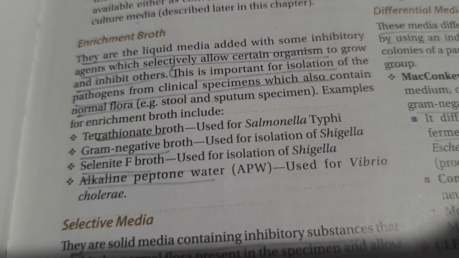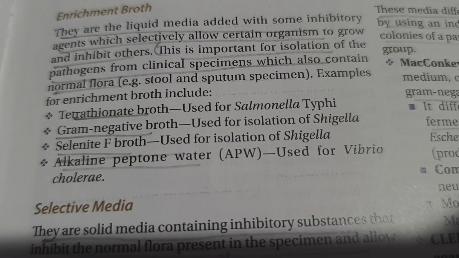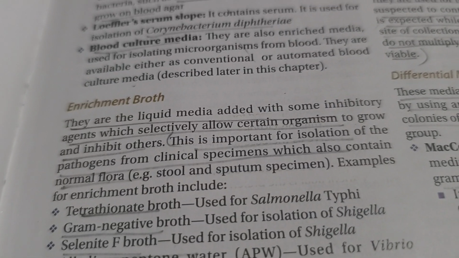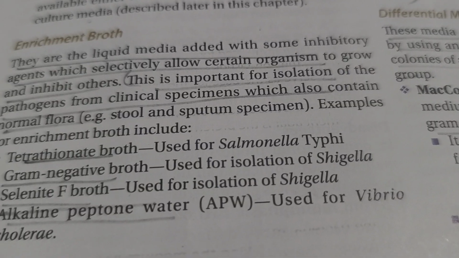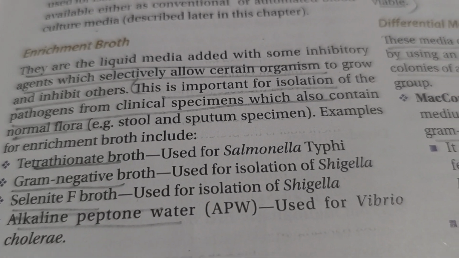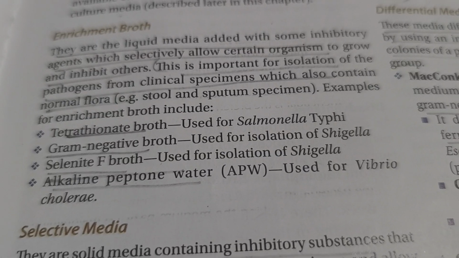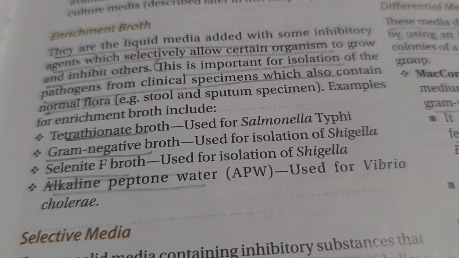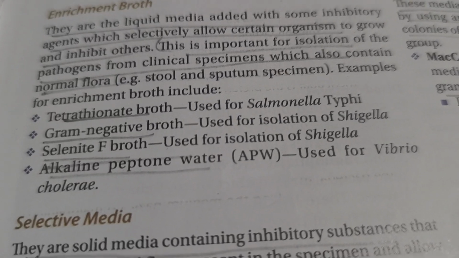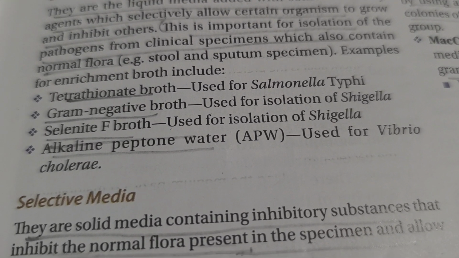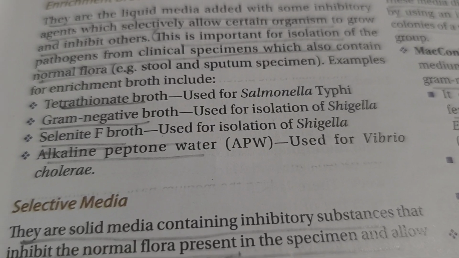Enrichment broth. They are liquid media added with some inhibitory agents which selectively allow certain organisms to grow and inhibit others. This is important for isolation of the pathogen from clinical specimens which also contain normal flora. Examples include stool and sputum specimens.